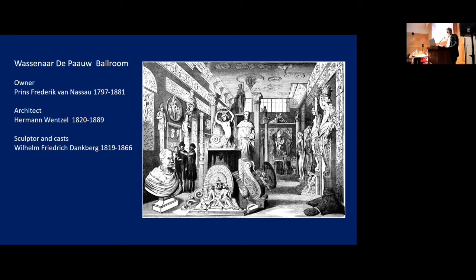The interior was decorated by Willem Friedrich Dankberg, sculptor and plastercaster in Berlin. He had more than 50 workers, so it's a rather big firm. And he made a very interesting frieze in the ballroom. And when you see his atelier, you see at the left side, in the highest base, something of the frieze.